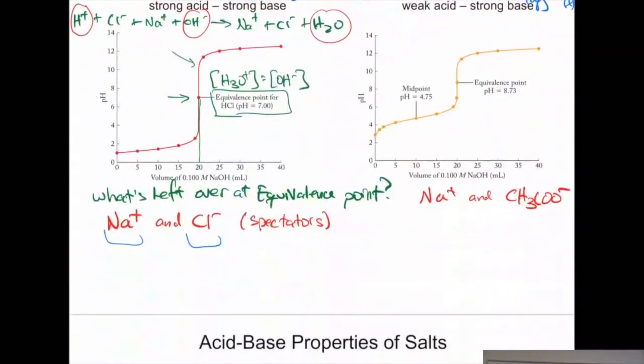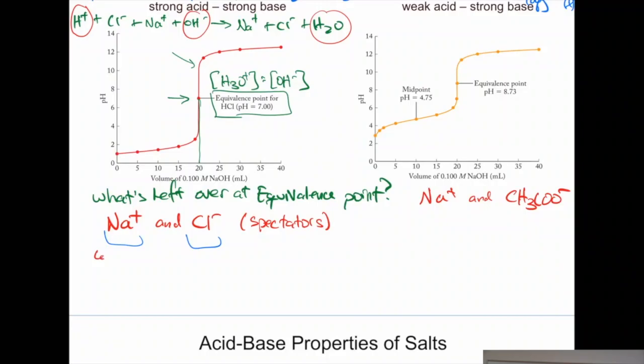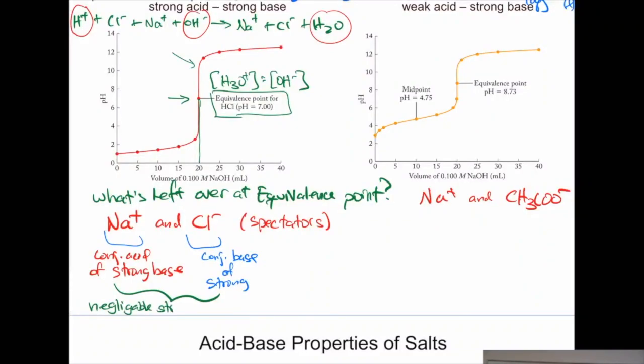So if we look down here, this is the conjugate acid of a strong base, and chloride is the conjugate base of a strong acid. Both of these are negligible, meaning they have no effect on the pH.